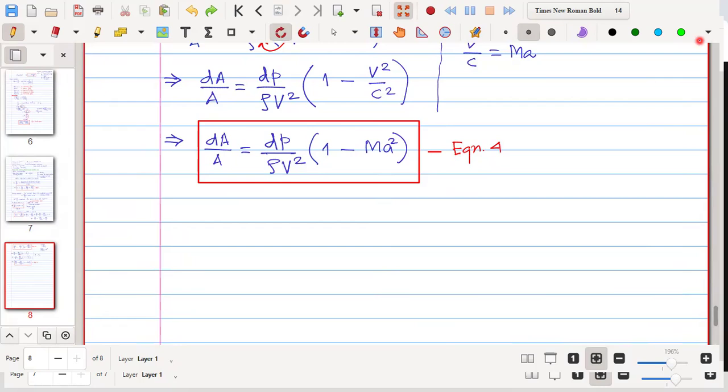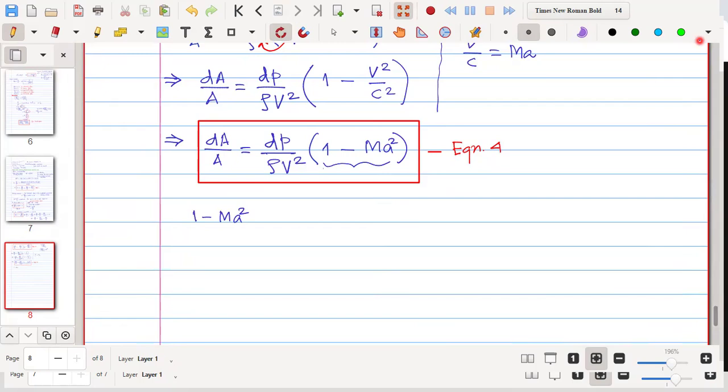Now, on the right hand side, let us see. So Mach number is there. You see that this quantity in the denominator, rho V square, is always positive. But dP can be positive or negative. And what about this quantity, 1 minus Ma square?